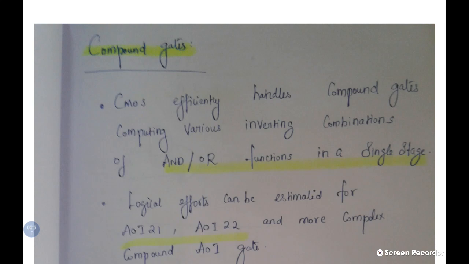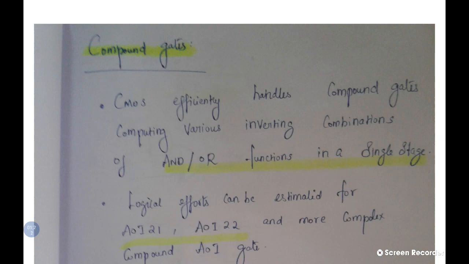So you may wonder what these AOI 21 are. AOI 21 is nothing but AND-OR-invert logic. A means AND, O means OR, I means invert, and 2 and 1 are the 2 inputs and 1 input separately. Similarly, AOI 22 means 2 AND gates with 2 inputs each and 1 OR gate, finally inverted.